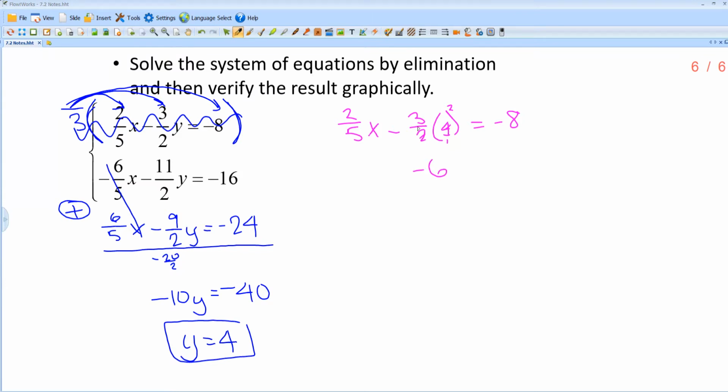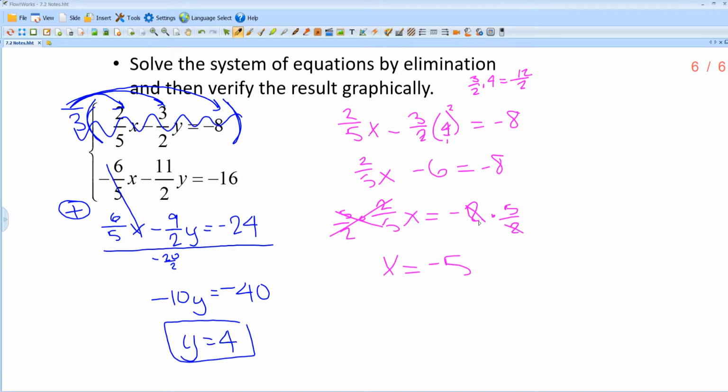If you don't like the way that I showed that, you can also say I'm doing 3/2 times 4, which is 12/2, which is still 6. 2/5 x minus 6 equals -8. 2/5 x equals -2, and multiply by the reciprocal, 5/2. Those cancel, so I'm left with x. These cancel, and I'm left with -5. Final answer here is going to be a coordinate, (-5, 4).